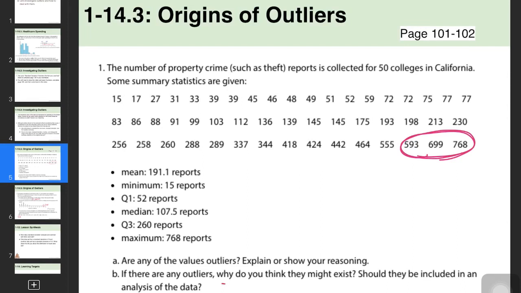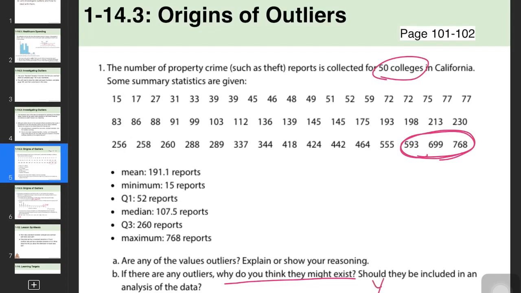Now, why do you think they might exist? Here's where you get to start thinking about, what does this data really mean? And it kind of brings in some gray area in statistics. But one thing that might come up is that these were just 50 colleges in California. Some might be really big colleges, which means there might be more incidents of property crime. So it could be a possibility.